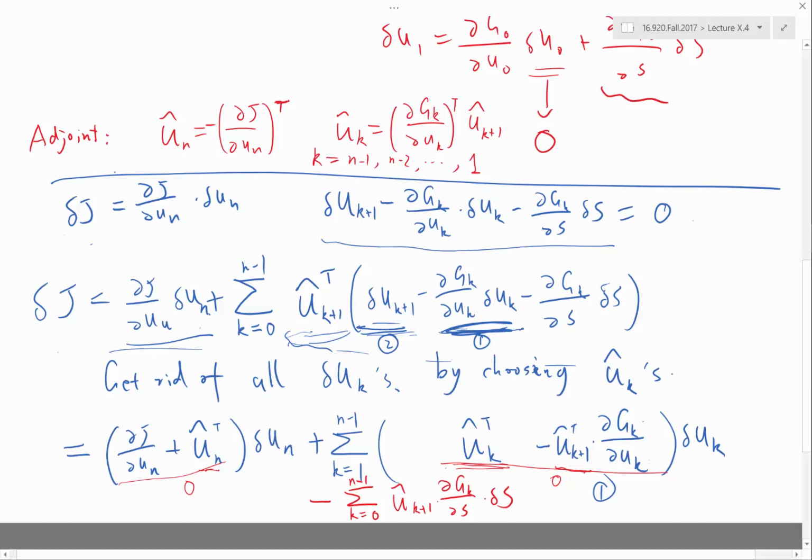All right? And once I go backwards through this whole calculation and compute all these û's, then I know that the blue terms in the delta J are all zeroed. I only get the red term, in which I need these û's, right? And the gradient of delta J to delta S is just everything here.